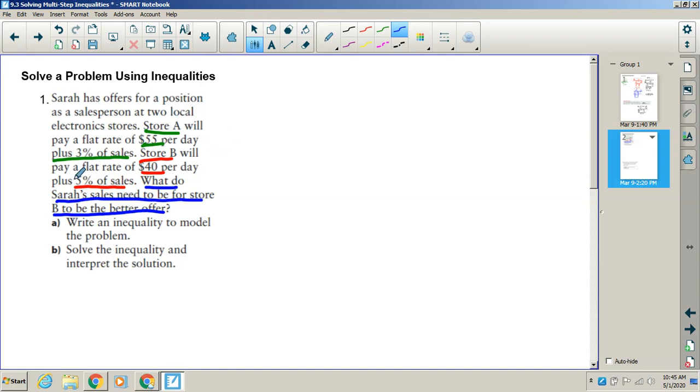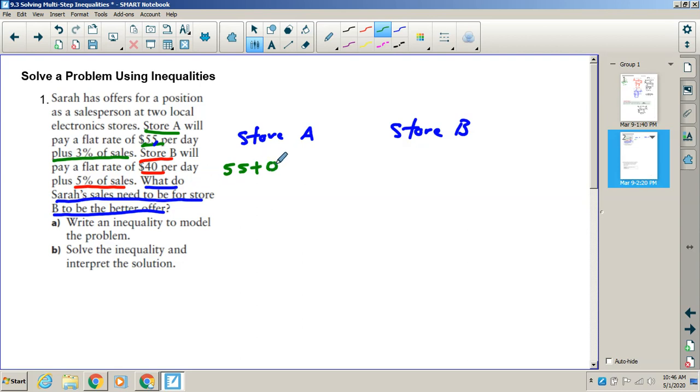So that's what I'm faced with here, all this information, and I have to write an inequality to model this problem. I've got 2 stores, store A and store B. If I think about how she's going to make her money at store A, she gets $55 plus 3% of her sales.